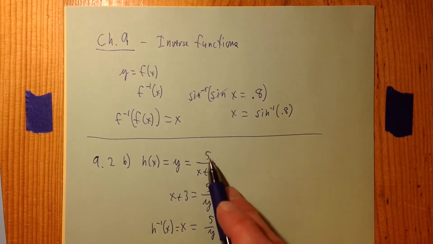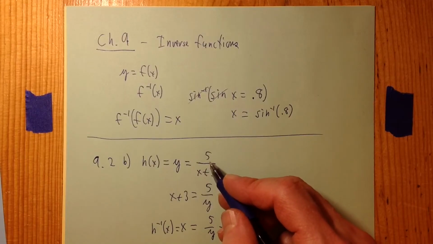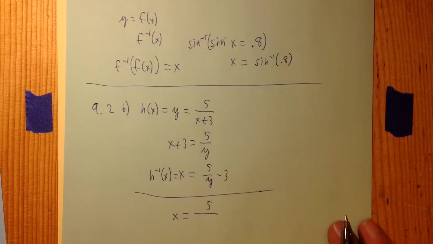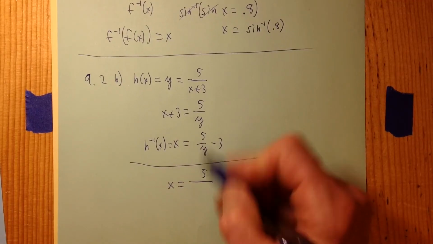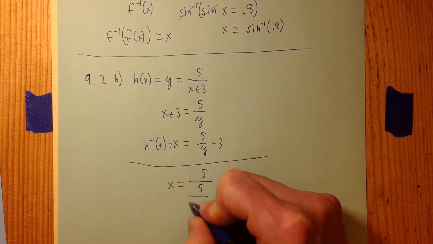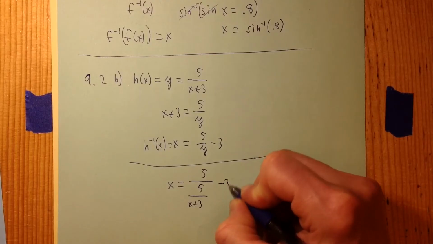If we plugged 5 over x plus 3 back in, we would just get x back. You don't have to do this, but let's try it because it's fun. So plug in y equals 5 over x plus 3. Right now we have x is equal to 5 over, and then for y, we plug in the original thing, which is 5 over x plus 3, and then minus 3.